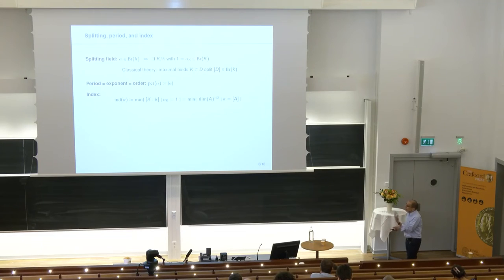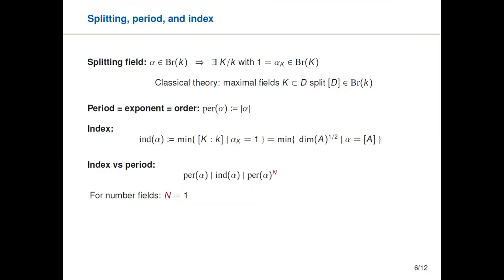And then there's a relation between the period and the index, which is expressed by saying that the period always divides the index, and in fact the 2 numbers have the same prime factors, or in other words, the index divides some power of the period. So these 2 divisibility conditions just say period and index have the same prime factors.